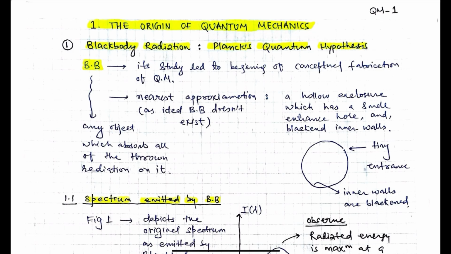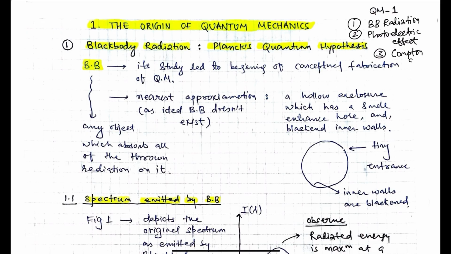So here we are going to study three great topics. The first topic is black body radiation. The second topic is photoelectric effect, and the third topic is Compton effect.